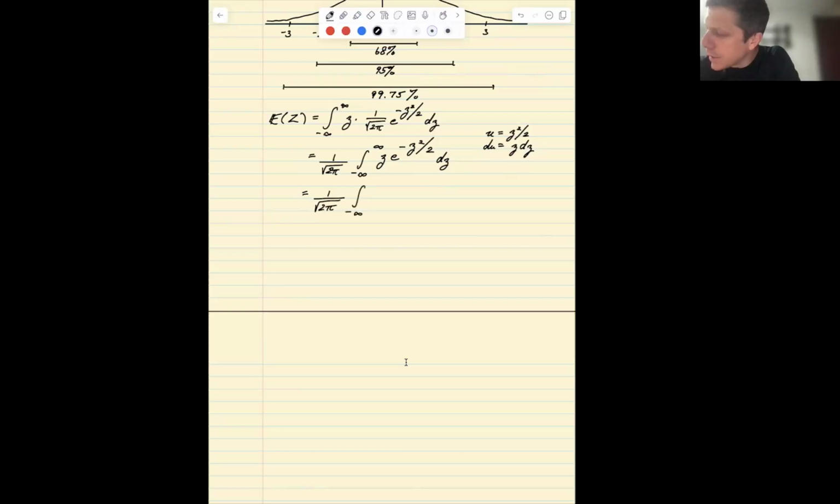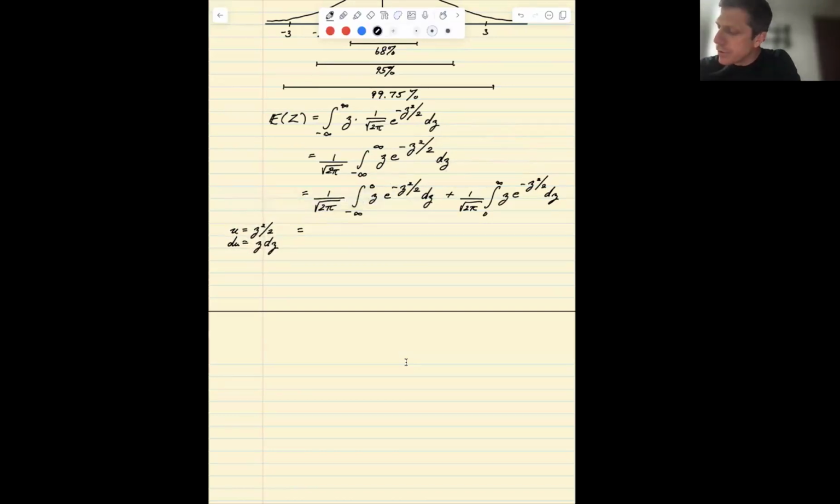Negative infinity to 0, 1 over square root of 2 pi, z e to the minus z squared over 2, plus 1 over square root of 2 pi, 0 to infinity, z e to the minus z squared over 2 dz. And then we do the u substitution. Sorry, it's not integration by parts, it's u substitution.